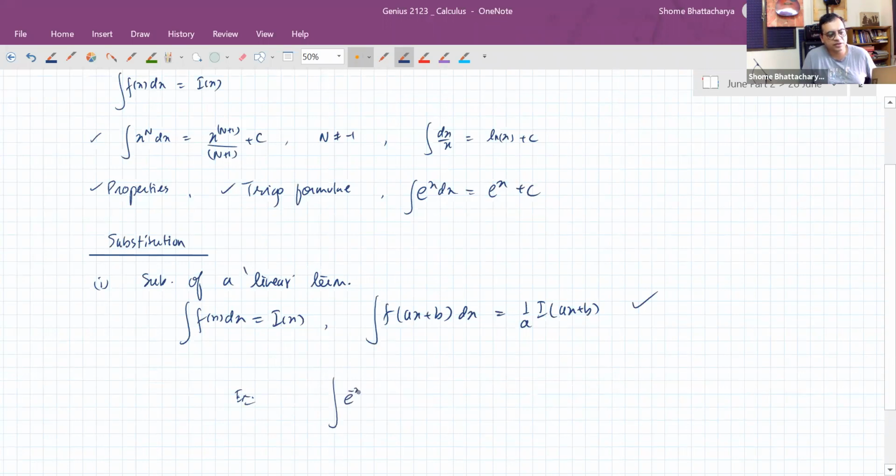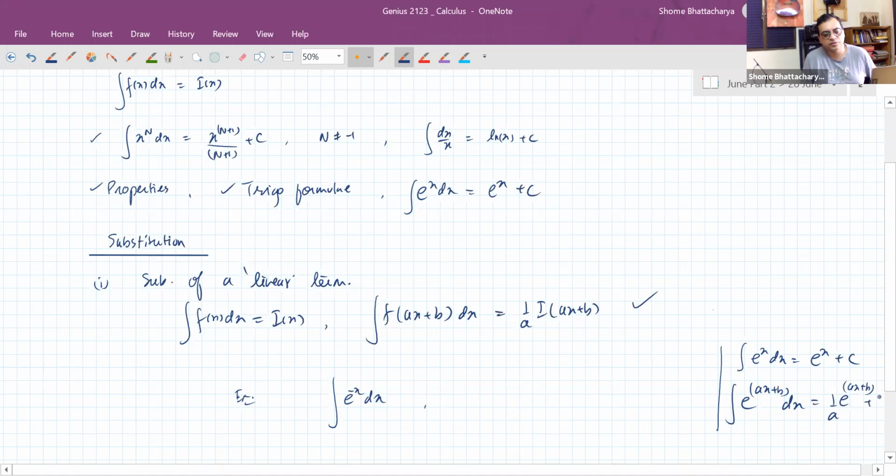So we just want to find the indefinite integration of e raised power minus x. Now we can see that we know integration of e raised power x is e raised power x plus c. So what about integration of e raised power any linear term like this? It will become 1 by a e raised power same linear term. Right?